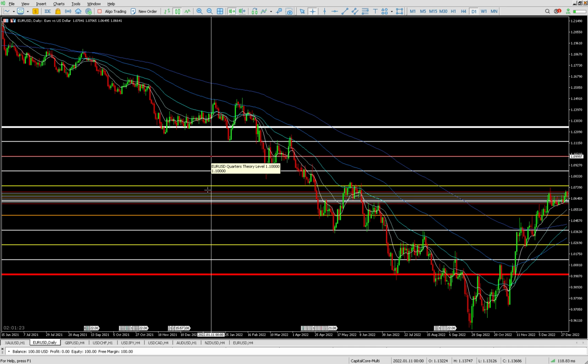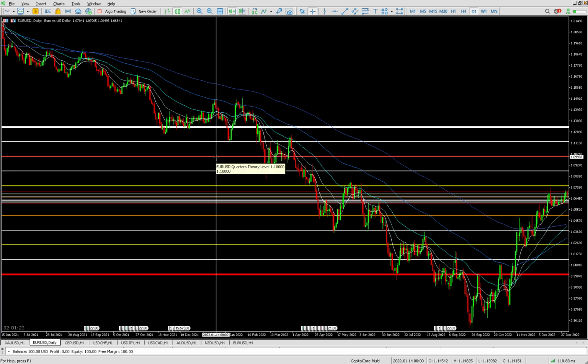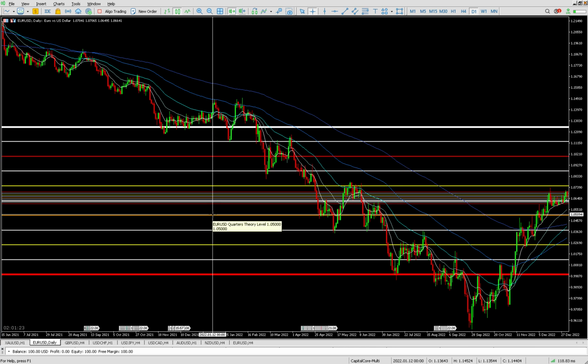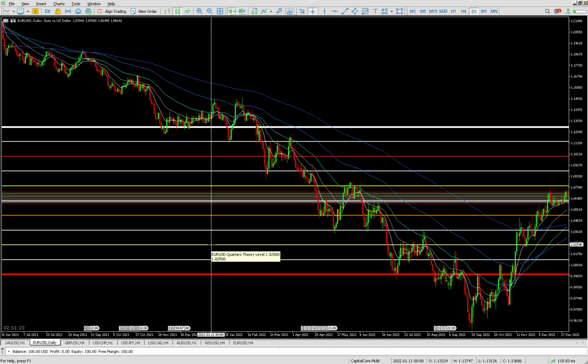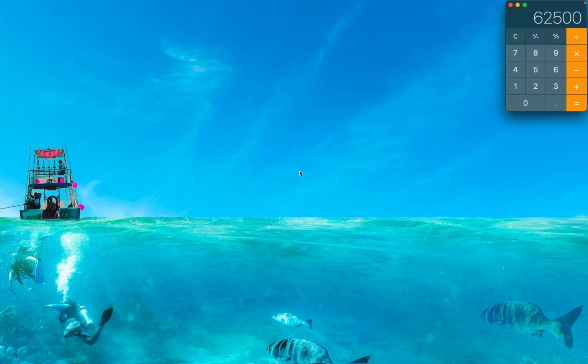So we can say this is 0 and this is 10,000. Halfway between is 5,000. Halfway between that is 2,500. Halfway between 0 and 2,500 is 1,250. Once again, we can do the math. Divided by 2, 5,000, and 1,250.